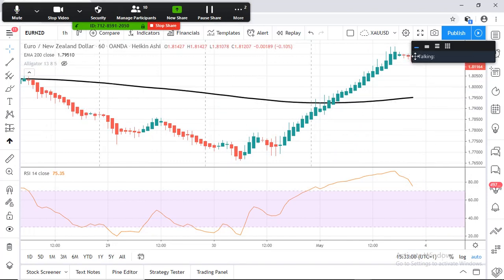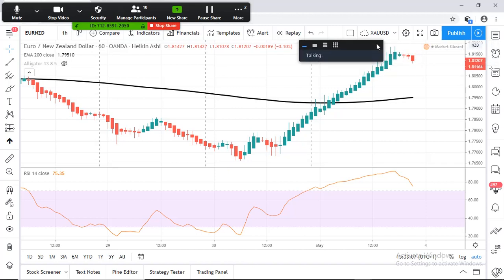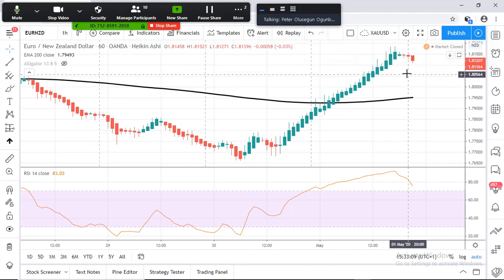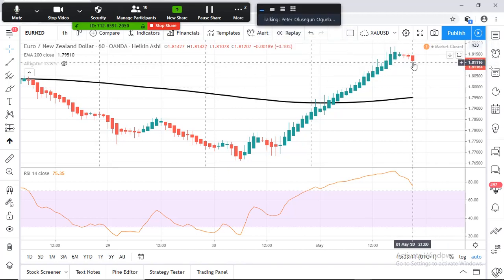The 1 hour now tells us that it's selling. A day candle said it's buying. 1 week candle said it's selling. 4 hour candle said it's buying. 2 hours said it's buying.